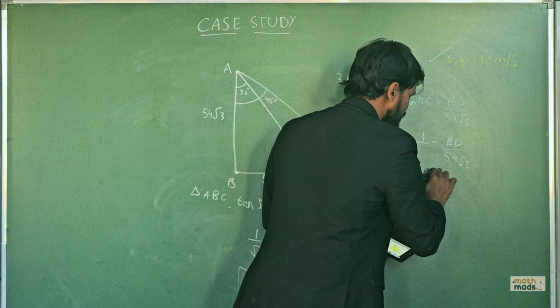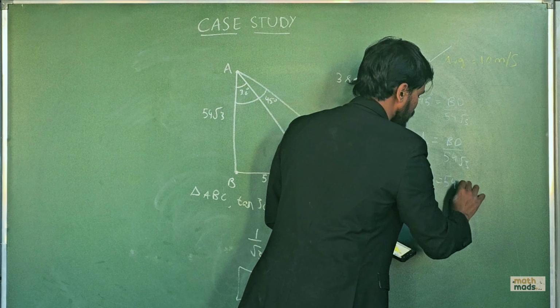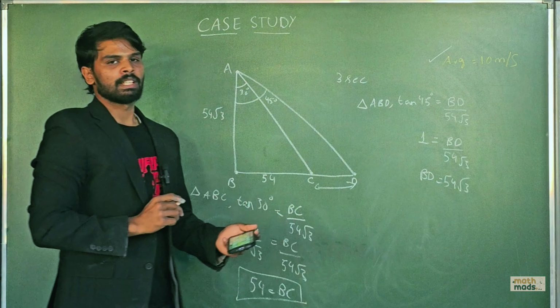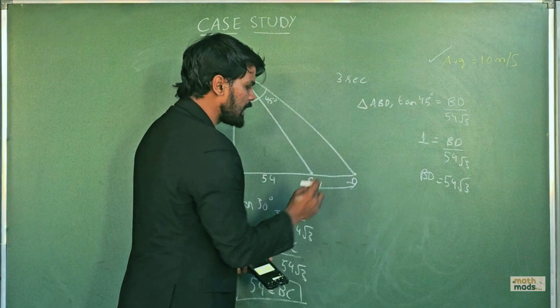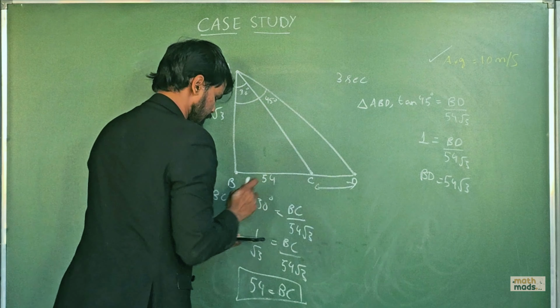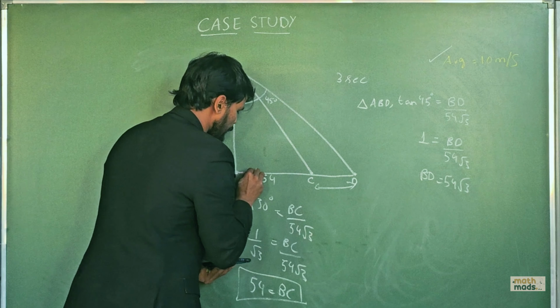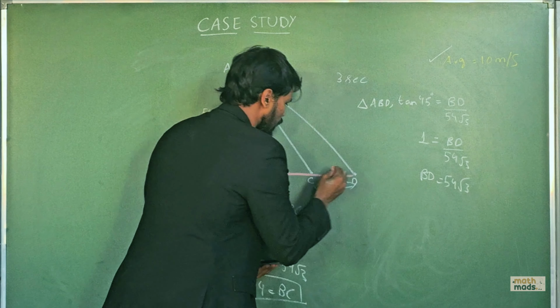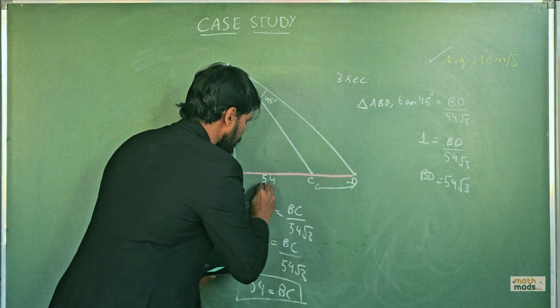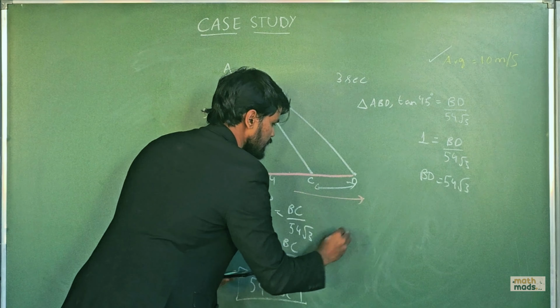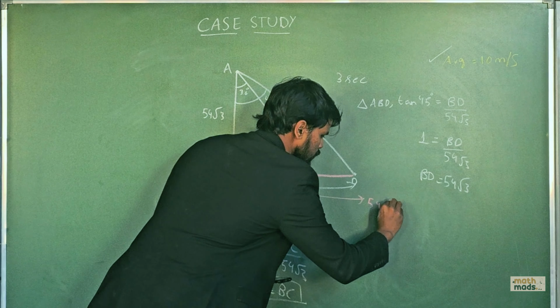So we have the value of BD to be equal to 54 root 3. Now if you observe, BD is the whole line, the whole thing starting from here to here. Let me just write it here. This is 54 root 3.